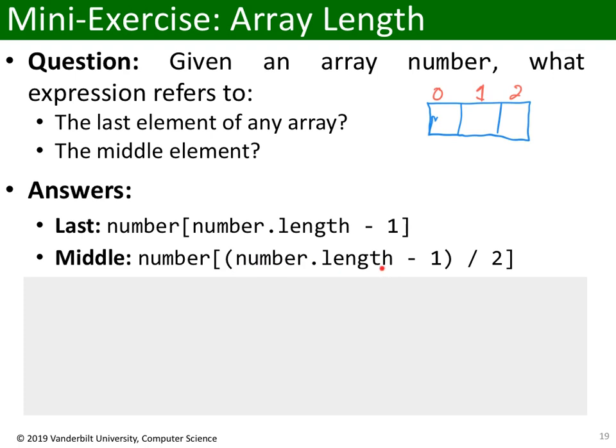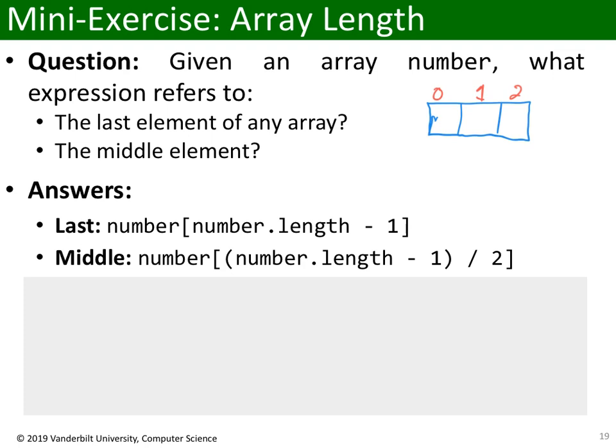Number.length is going to be 3. So obviously the center element is 1, but number.length minus 1 is 2. 2 divided by 2 is 1. So we're taking the length, and if it's odd, then when we subtract 1, that's going to be an even number, and when we divide by 2, that'll be the precise center.